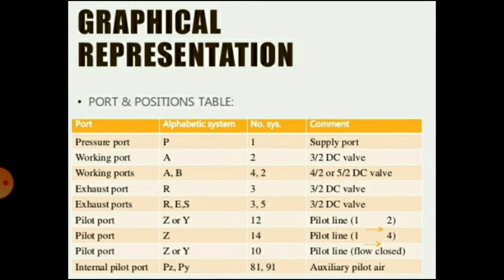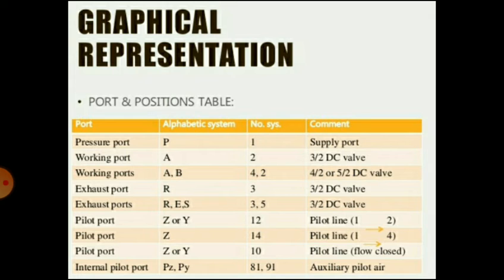In a 3x2 DC valve, the exhaust port is indicated by letter R or the number 3. Also in a 5x2 DC valve, the exhaust ports are indicated by R and S, and the numbers used are 3 and 5.